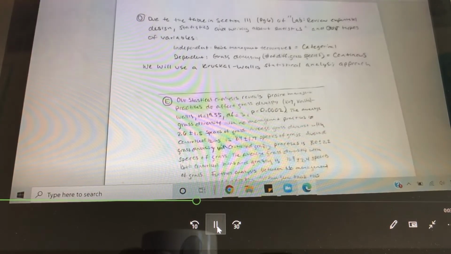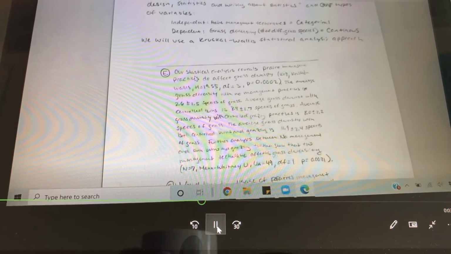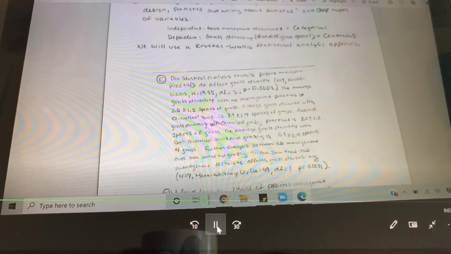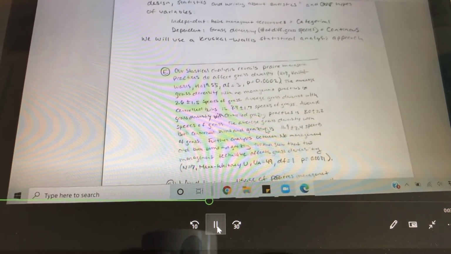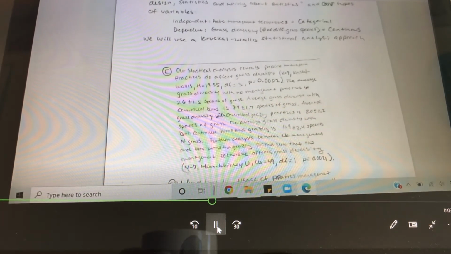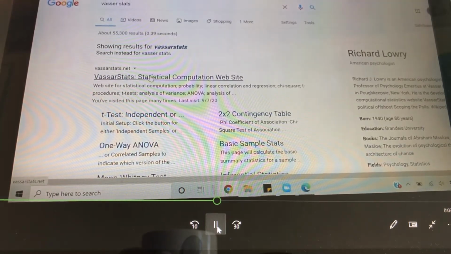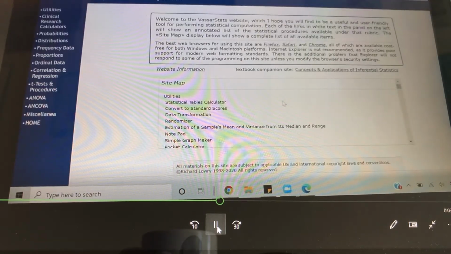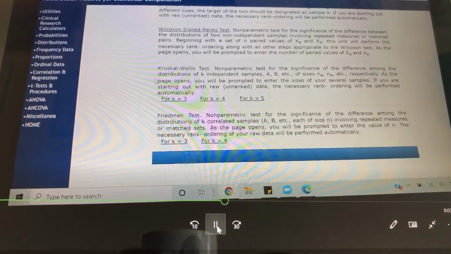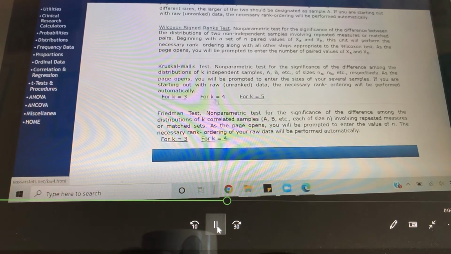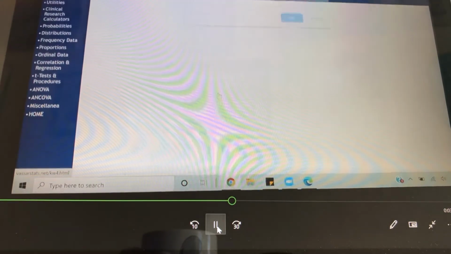So that brings us to E. In E, we're supposed to use VassarStats to complete the statistical analysis. In order to do that, you would go online and type in VassarStats, and that should take you to this website. You can click on VassarStats, click on Ordinal Data, scroll down until you see the Kruskal-Wallis test, and since we have 4 different categories, we're going to click k equals 4.